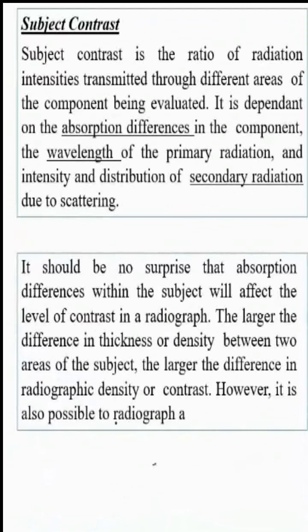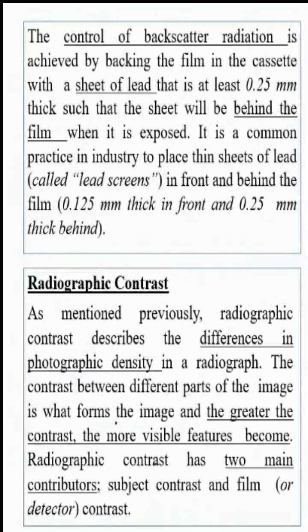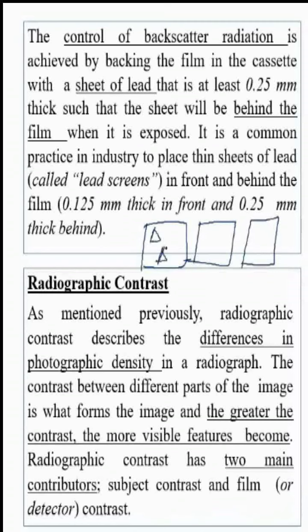We have discussed radiographic contrast and subject contrast. Radiographic contrast is due to the film. And what are the different types of films? Yesterday we had drawn 1 inch by 1 inch 3 films, wherein in one film we had large crystals of AgBr, in another film we had smaller crystals of AgBr, and in the third we had very small crystals of AgBr.